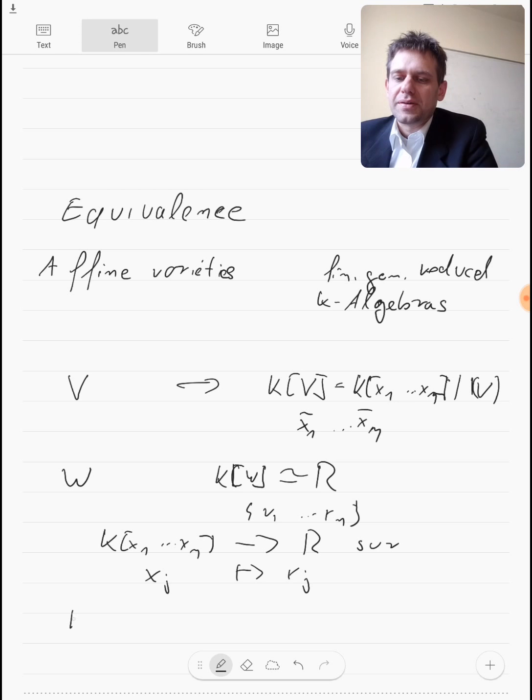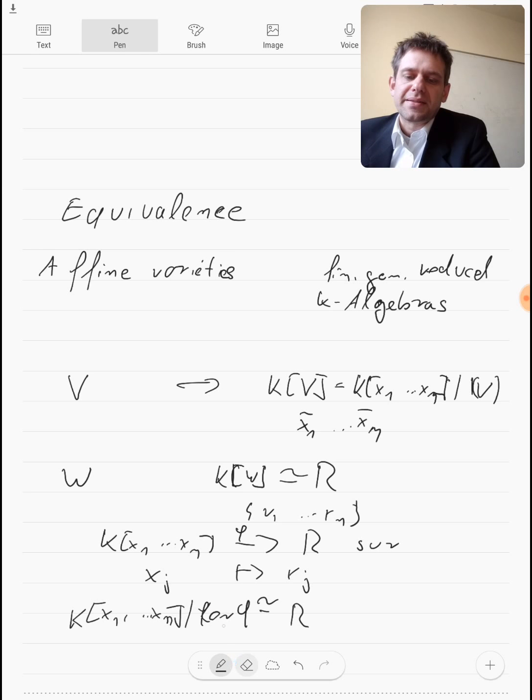So we have, by the first isomorphism theorem, k[x1,...,xn] modulo the kernel of this. Let's say this map is called phi. So modulo the kernel of phi is isomorphic to R. But in fact, we know that the kernel is an ideal, so let's write I instead.